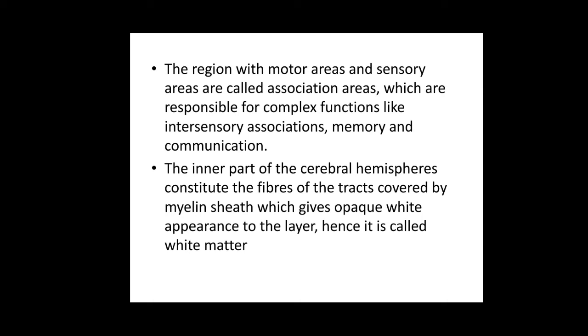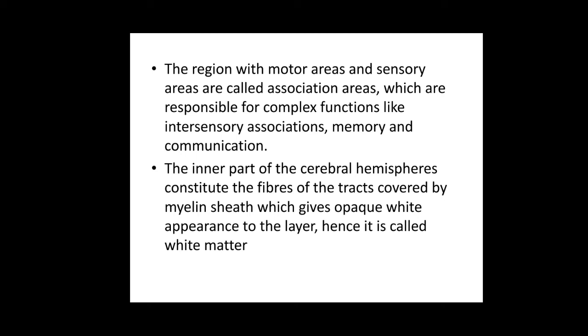Next, the inner part of the cerebral hemisphere constitutes the fibers of the tracts covered by myelin sheath, which gives an opaque white appearance to the layer. So in the cerebral cortex, there are two regions called gray matter and white matter. Gray matter is due to the concentration of more neuron cell bodies.